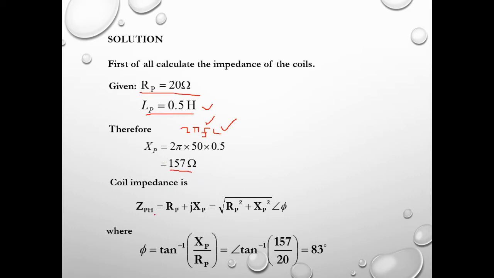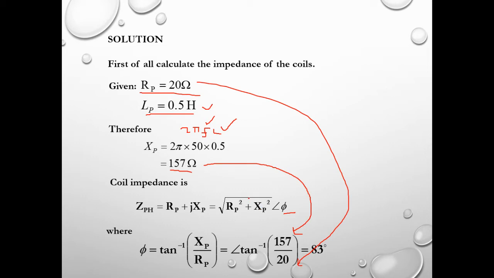So the phase impedance ZPH equal to RP plus jXP. This is equal to the square root of RP square plus XP square, and the angle theta equal to arctangent XP over RP. Just substitute the value of 157 here, and RP is 20 ohm.